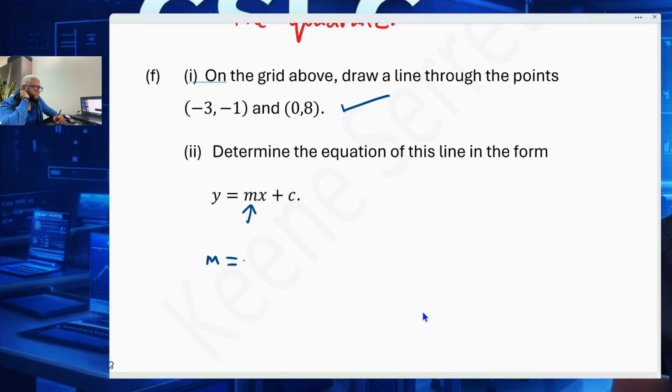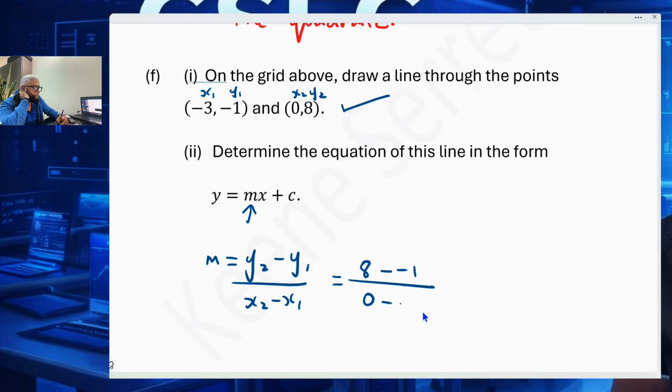M is equal to y2 minus y1 all over x2 minus x1. So that'll be 8 minus negative 1 over 0 minus negative 3, which is 9 over 3, which is 3. That's my gradient.